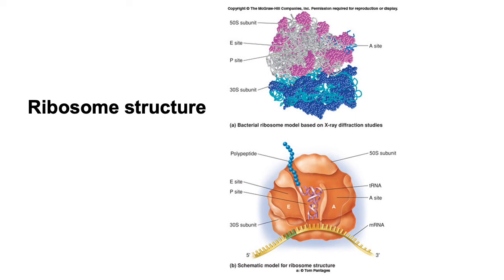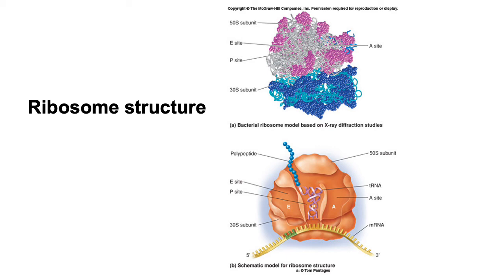And you can see the messenger RNA, shown in the bottom diagram here in yellow, physically attaches to the small subunit. And then the large subunit is where those charged tRNAs come and sit into a number of different sites in the large subunit of the ribosome. Again, we're going to go through this in some detail, but I just want to introduce you to the overall structure here.